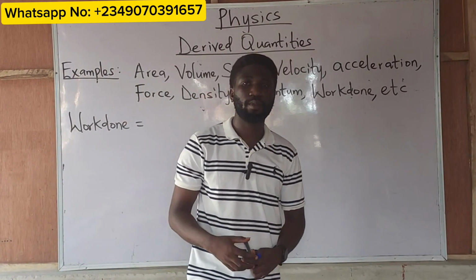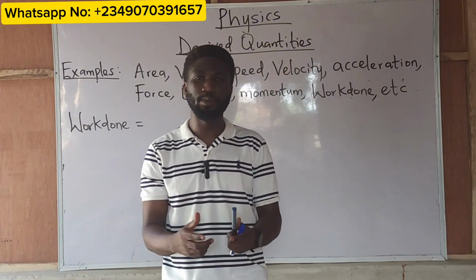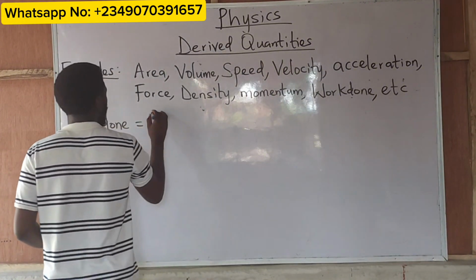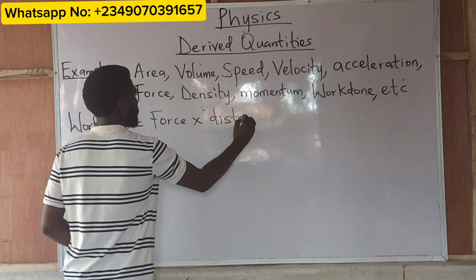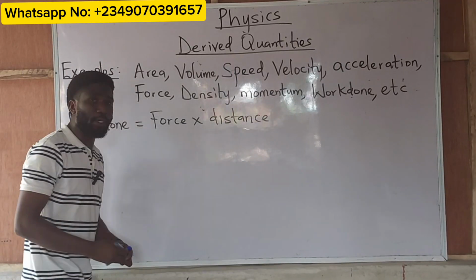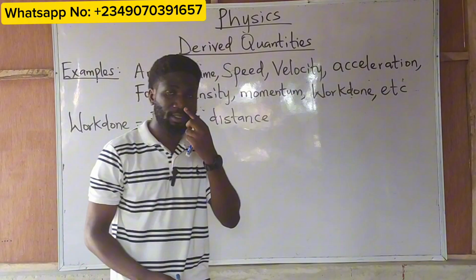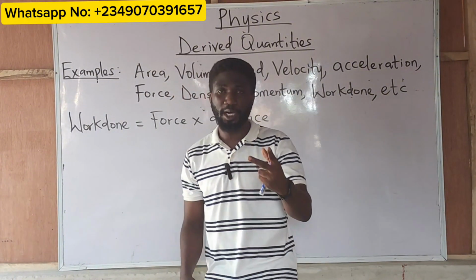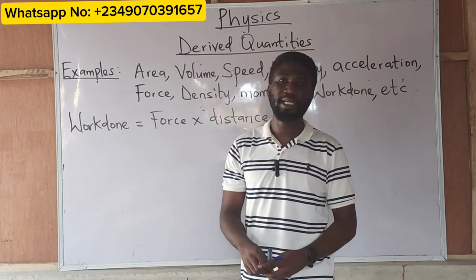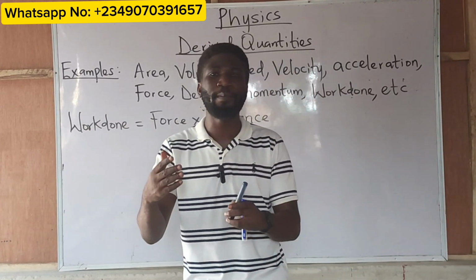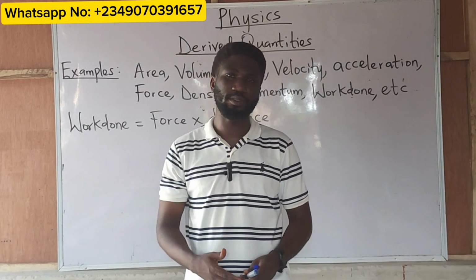Work done. Work done has its formula to be force multiplied by distance. So from what we have here, force has its own formula, and we said that the formula for force is mass times acceleration.